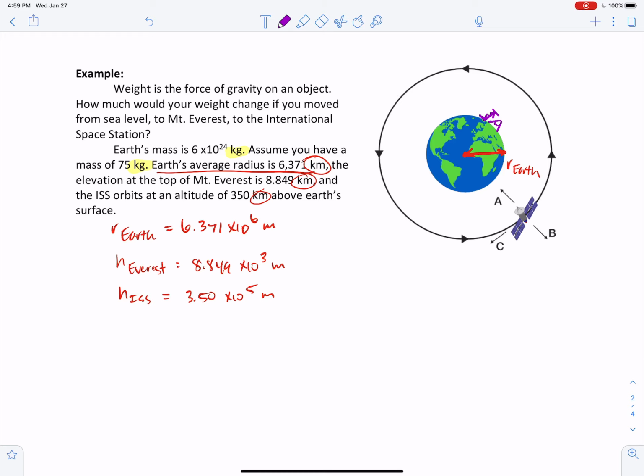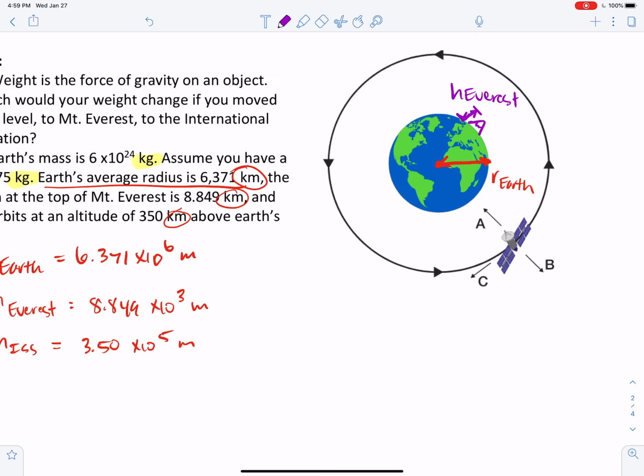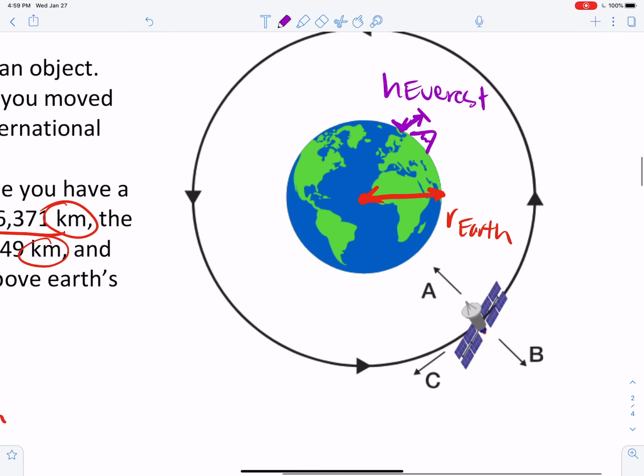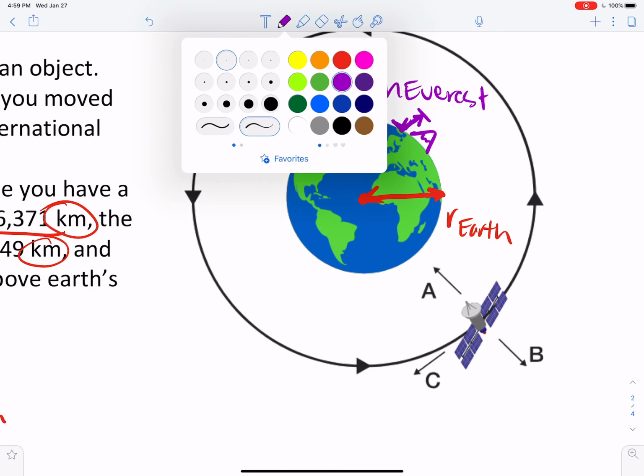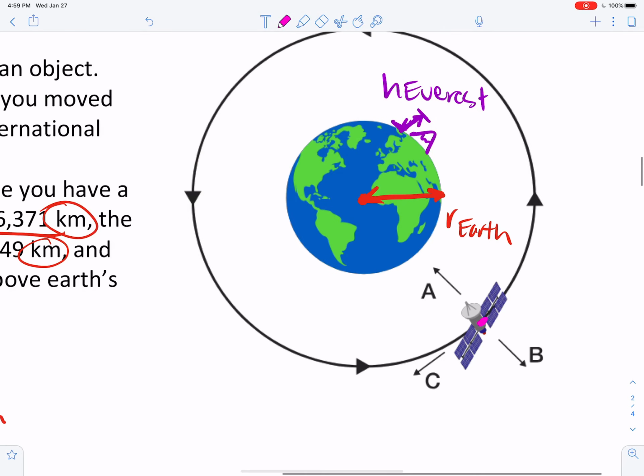This straight line height, that's the height of Everest. And then the orbital altitude of the International Space Station would be from right here to here. So this distance right here is that height above the surface of the ISS.